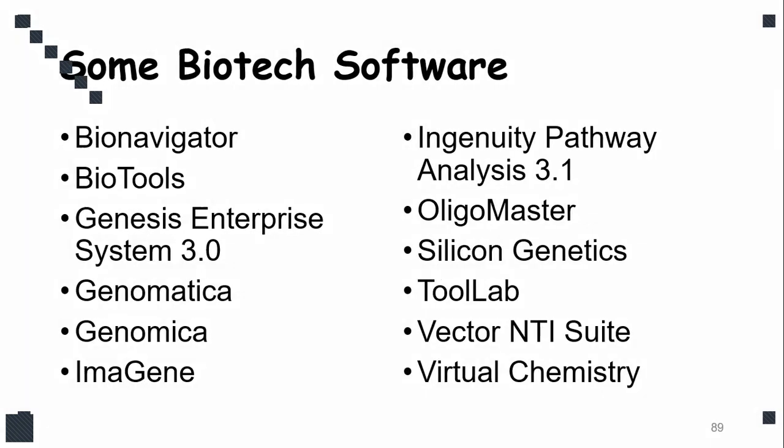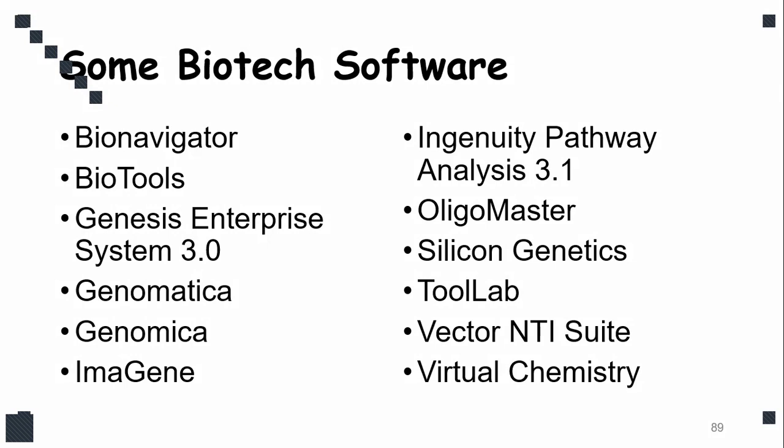So some biotech software are listed here: BioNavigator, BioTools, Genesis Enterprise, Imaging, Ingenuity Hardware, OligoMaster, Silicon Genetics, Vector NTI Suite, Virtual Chemistry. This enables you to do different kinds of things. If you want to create oligonucleotides, you need something like OligoMaster, because that will enable you.